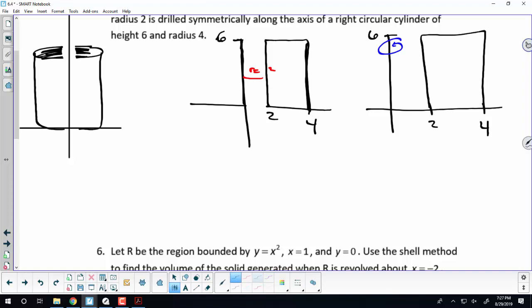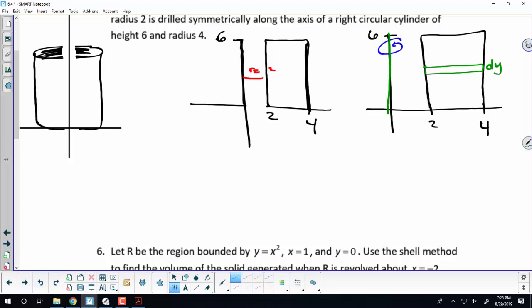So, would it be easier to do the washers here or to do the shells? Washers? Washers are perpendicular to our axis of revolution. This is dy.